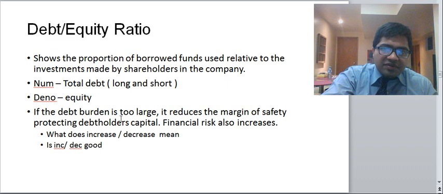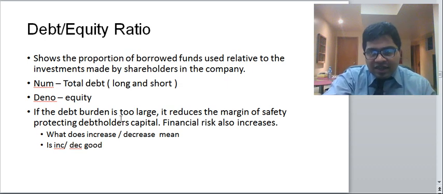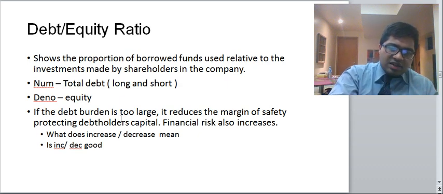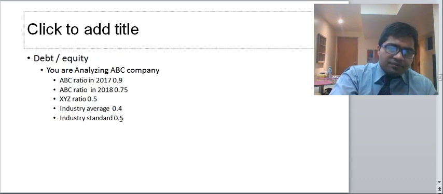So if the ratio is reducing, it means that the company is reducing its leverage, reducing its riskiness, and reducing volatility of earnings. If the debt burden is too large, it may reduce the margin of safety protecting debt capital holders. Financial risk also increases. So increase is generally not considered to be good, decrease is considered to be good.